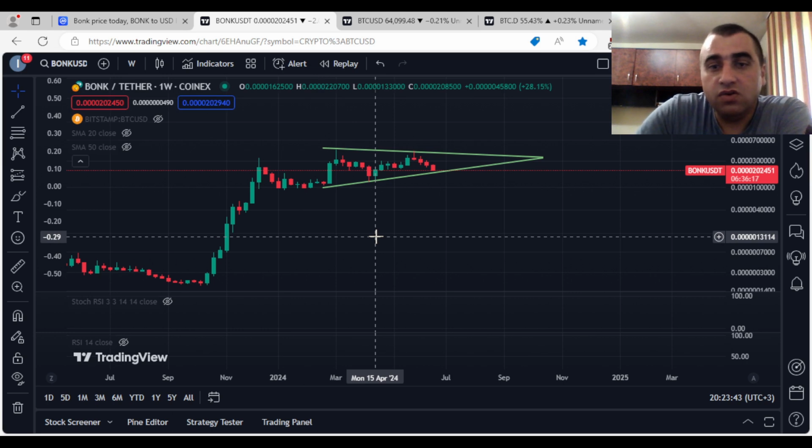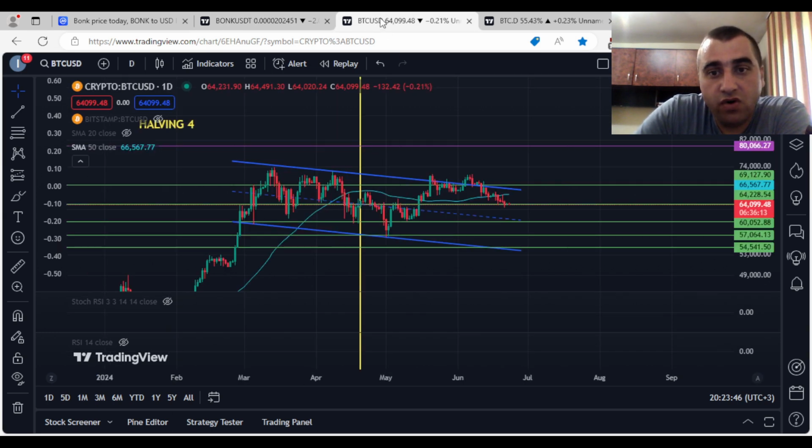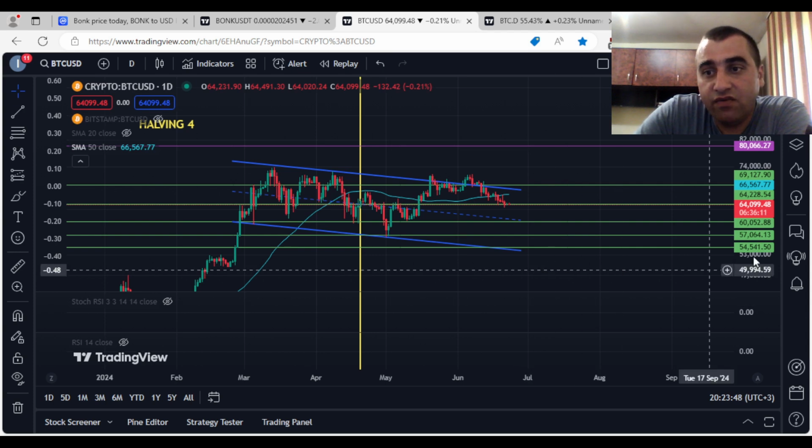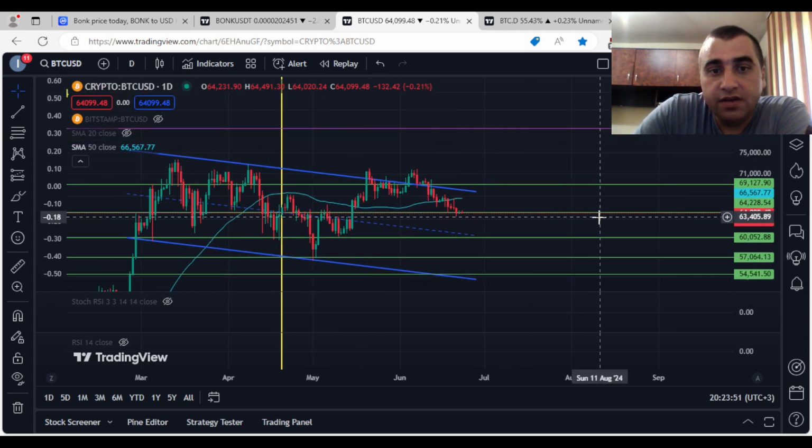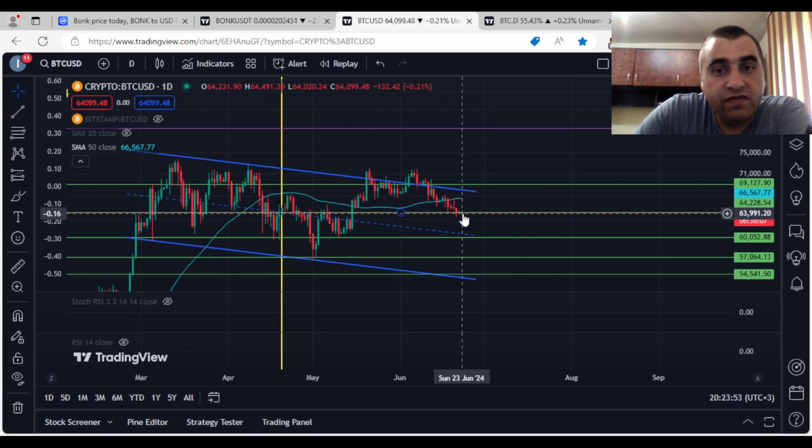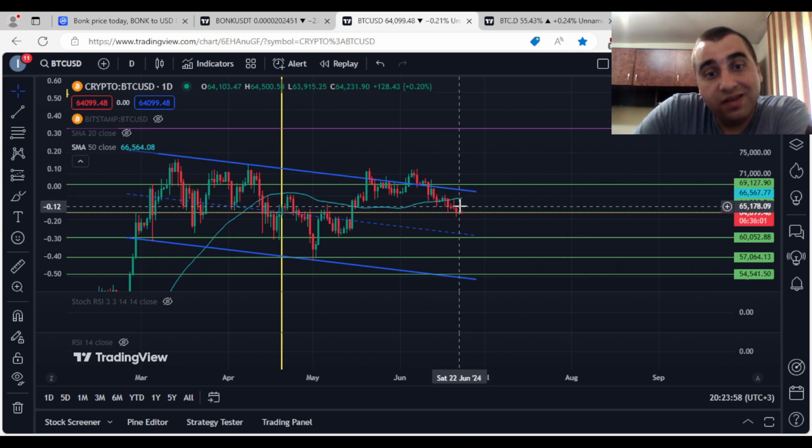Okay, and let's look also at Bitcoin today, 23rd June 2024. Right now Bitcoin is at 64k. It is still below the 50 daily simple moving average. Why do I consider the 50 daily simple moving average an important indicator in this case?